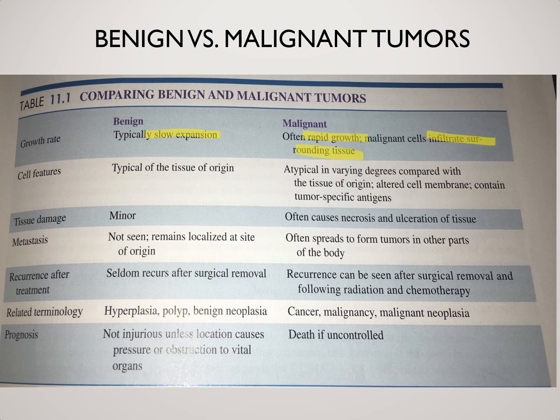For the cell features of your benign tumors, let's say we were to take a biopsy, a sample of those cells, and look at it under the microscope, your benign tumors would have cell features that are typical of the tissue of origin. So, for example, if it's a tumor on the prostate, it's going to have prostate cells.